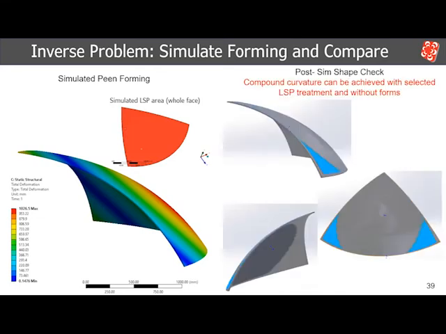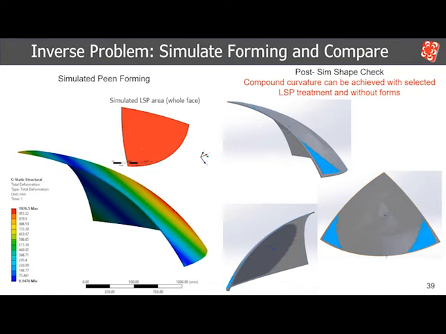So this is a quick overlay of our target shape against the simulation predicted shape. So the blue is our petal shape inserted into the initial. In this case, what this tells us is that we probably need a slightly larger starting dimension than we started with, and potentially a slight increase in our peening treatment. But it's very close for an initial start, and it can be done without forms.